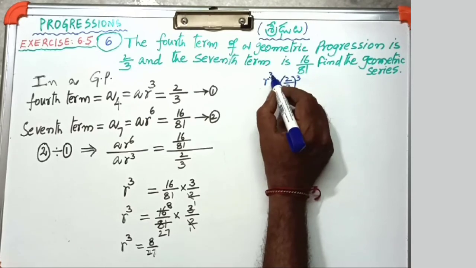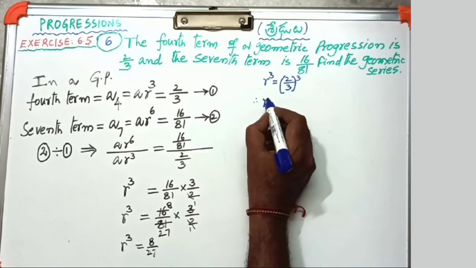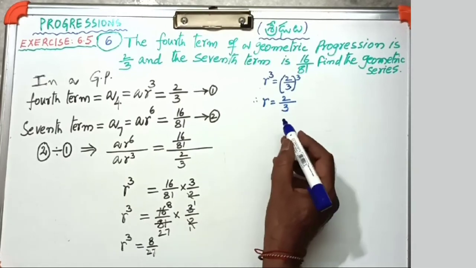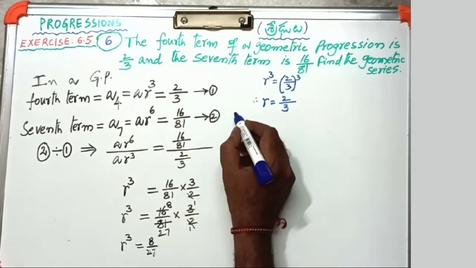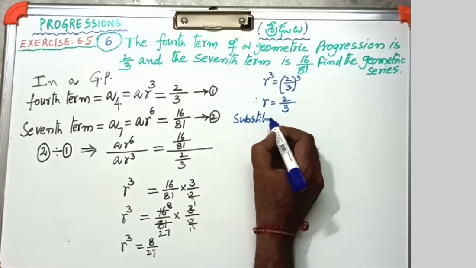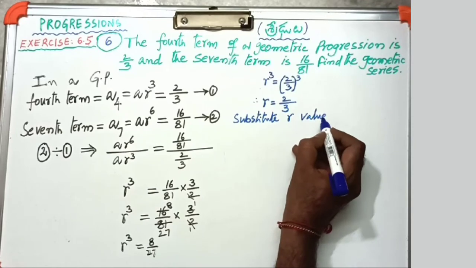Now the powers are equal, so the bases should be equal, so R is equal to 2 by 3. Now substitute the R value in equation 1.